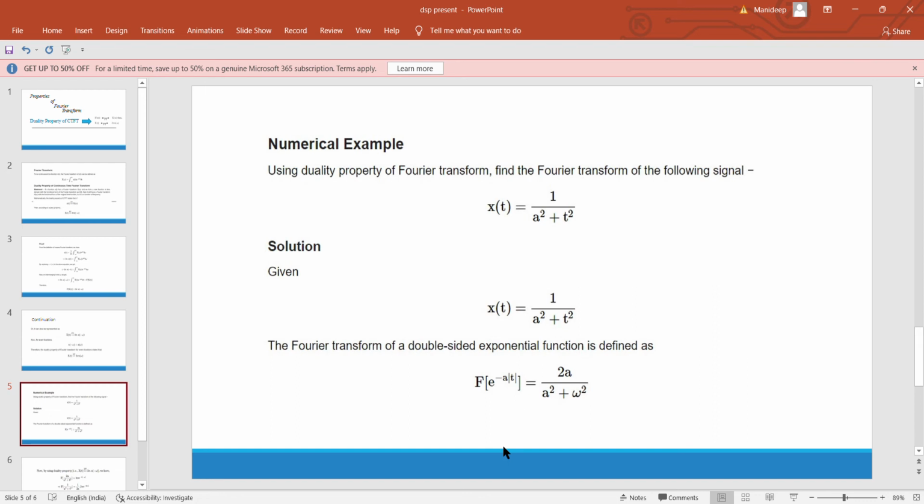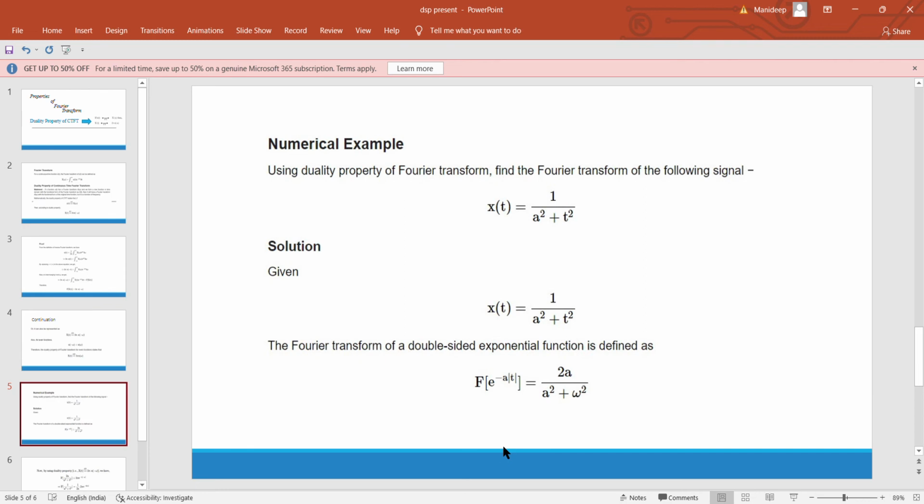Means x of t equal to e power a mod t when t is less than 0, and equal to e power minus a into t when t is greater than 0. So the Fourier transform of double-sided exponential function is defined as F of e power minus a into mod t equal to 2a by a square plus omega square.